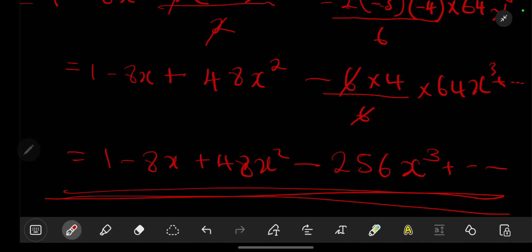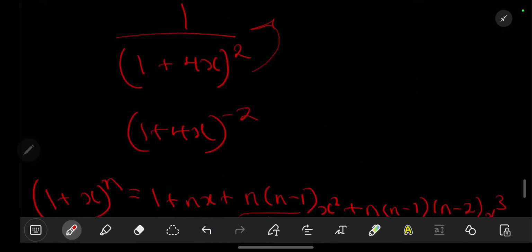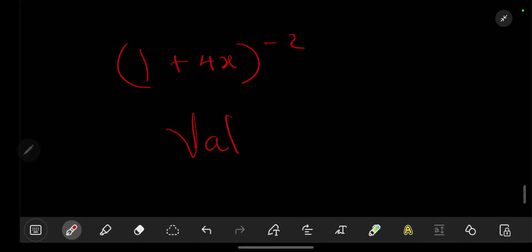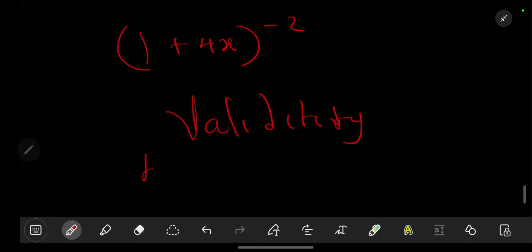So that's that on binomials. Let's just state the validity. So we had 1 plus 4x to the power of negative 2. To test validity, we are just going to get our 4x, put it in the modulus bars and say it should be less than 1.